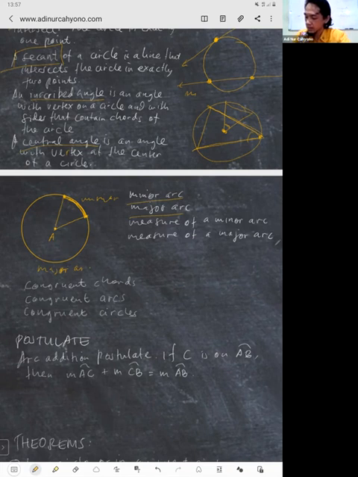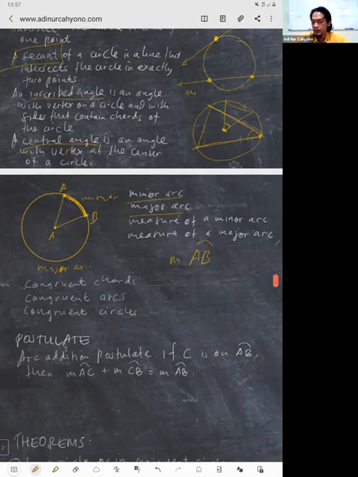If we call this AB, this is the arc AB, and the measure of the minor arc we write as mAB. So this is the measure of minor arcs, besar busur.